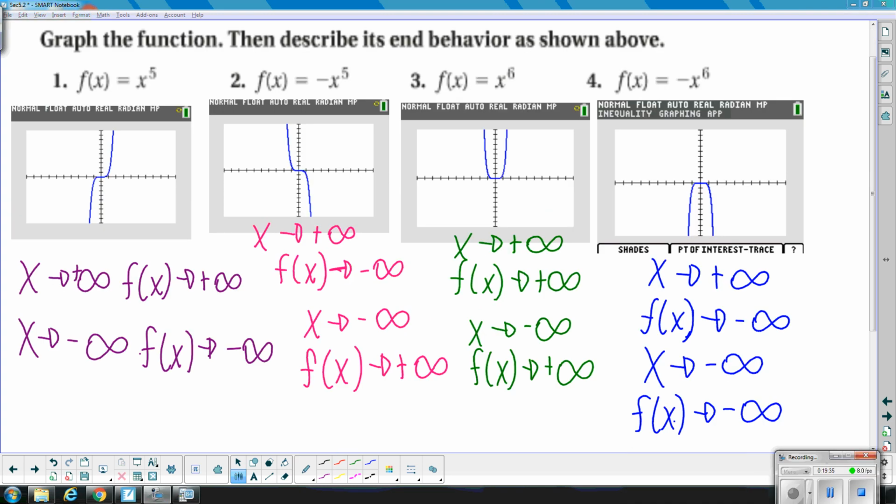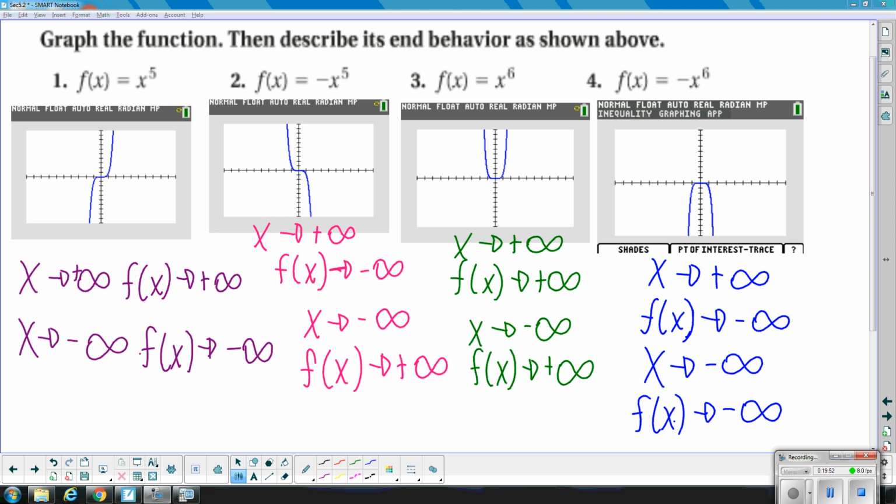Alright, so here are the graphs that you should have gotten if you used your graphing calculator. In the first one, as x approaches positive infinity, f of x approaches positive infinity, and the reverse is true if x approaches negative infinity: f of x also approaches negative infinity.